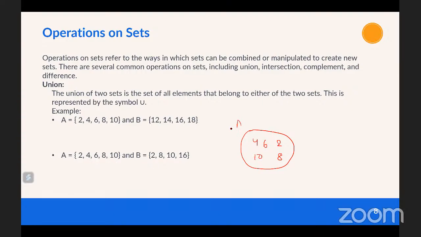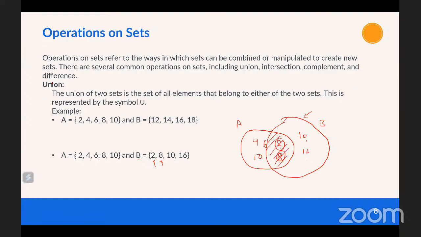And this is set A. Now you see B has these two elements, 2 and 8. So these two elements will be in B as well. Okay, 2 and 8. Now the extra elements of B are 10 and 16. So you see this circle represents the set B, and it has the elements 2, 8, 10, and 16. And this 2 and 8 is present in both the sets. Okay. So these are the common elements of both the sets.